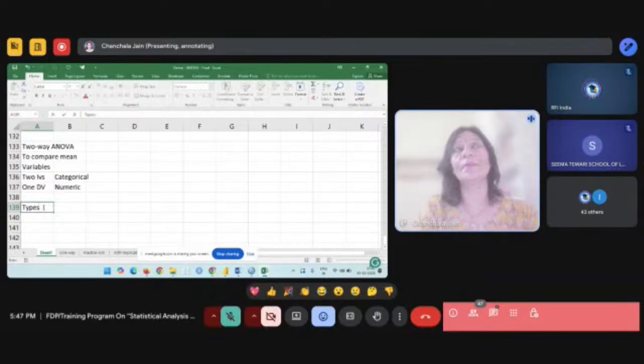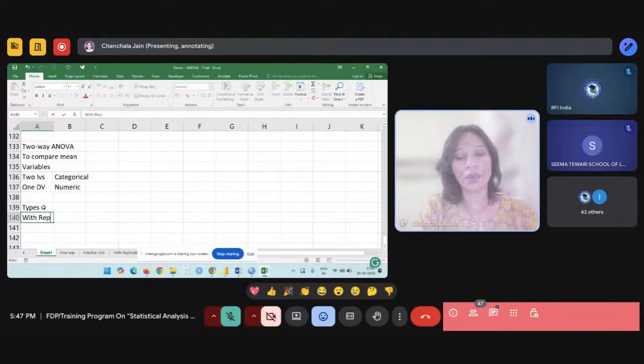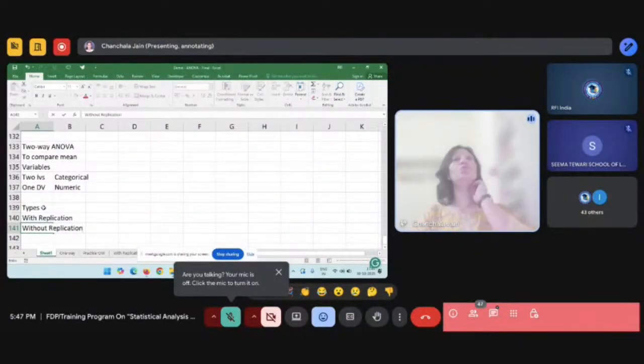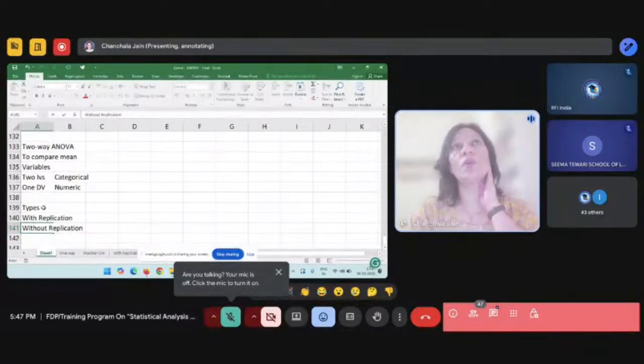Two-way ANOVA can be further divided into 2 more categories, that is with replication and without replication. So these are the 2 further classifications of two-way ANOVA, with replication and without replication, right?